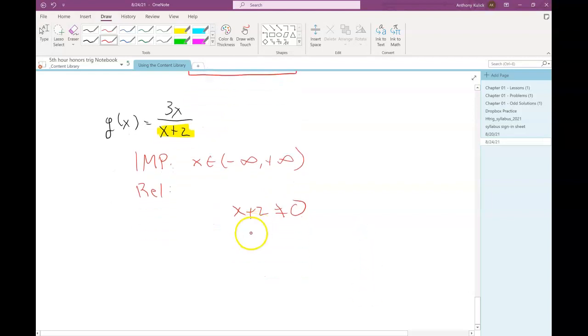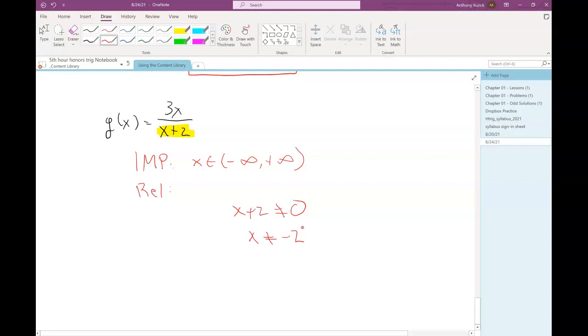I'll solve this by subtracting 2 from both sides. And now I would like to write an interval for this, but the problem is that this isn't written as an inequality, right? Well, I'll just write this now as an inequality then, and so it'll be easy to write the interval for it.